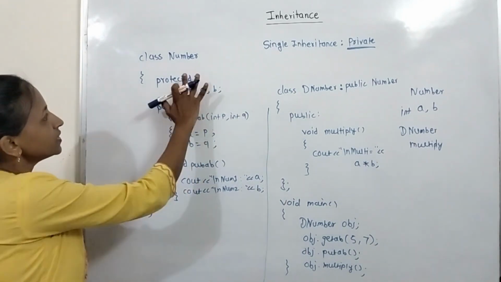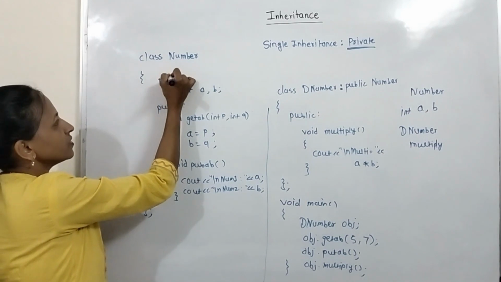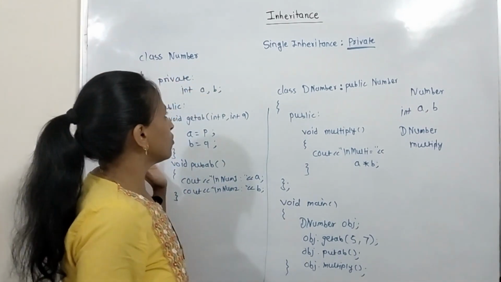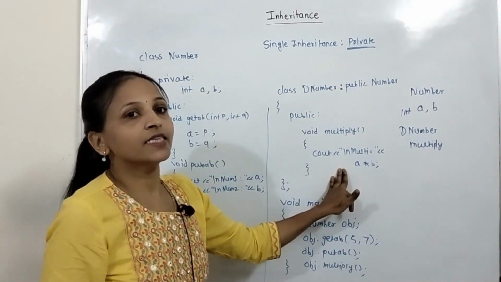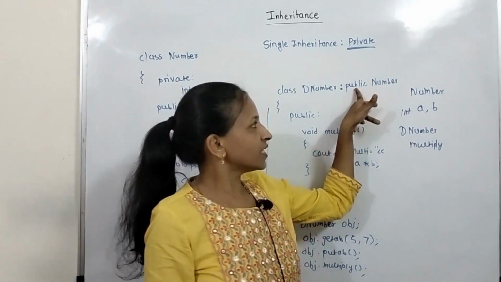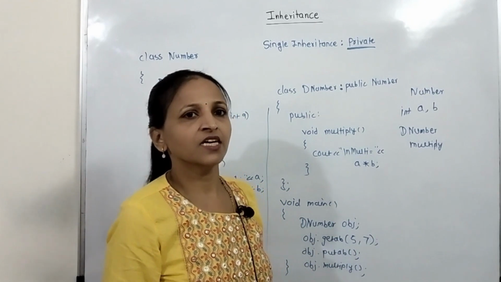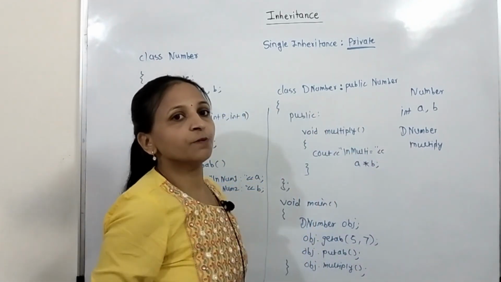Now see, if these are private, then what will happen? If private members are there in the base class and you want to access those private members in the derived class, then that is not allowed, whether this inheritance is public, private, protected, anything. Private is not inherited. Always keep in mind.